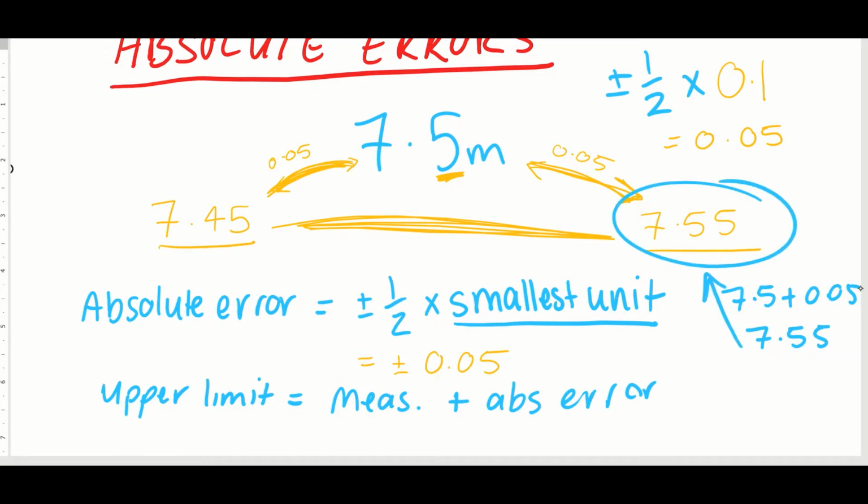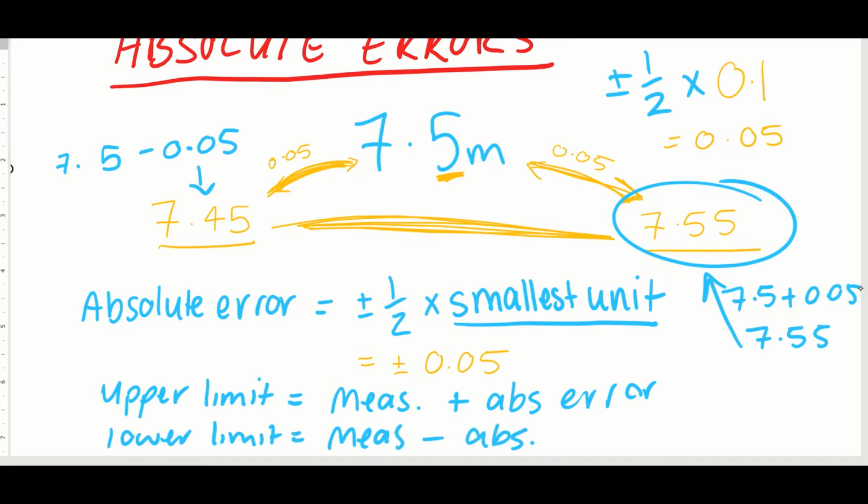And then the same thing here. If I took my 7.5 and subtracted off my 0.05, then I get what we also call the lower limit of reading. So I take the measurement and I subtract the absolute error. That's why the absolute error is given as plus or minus.